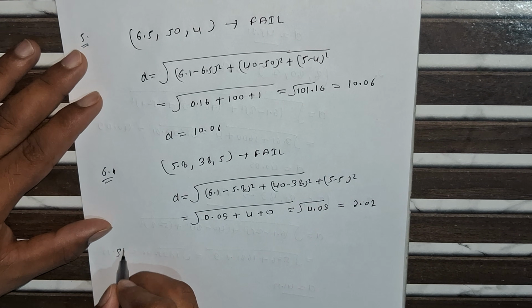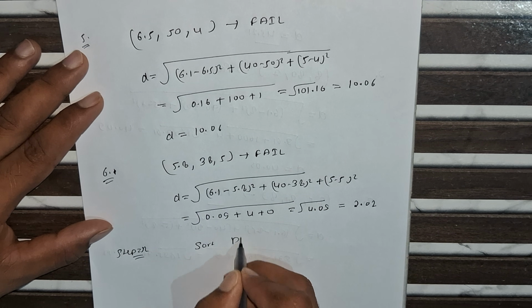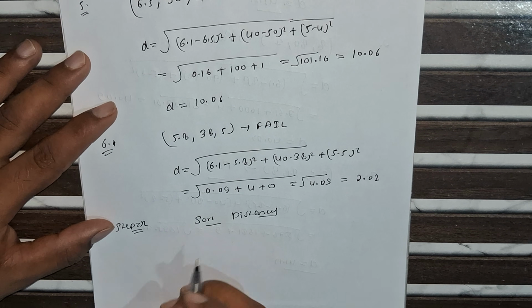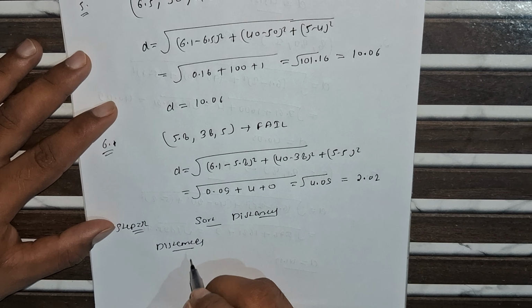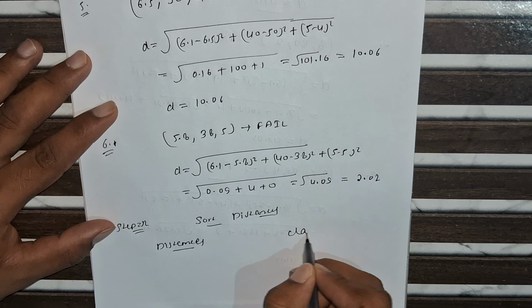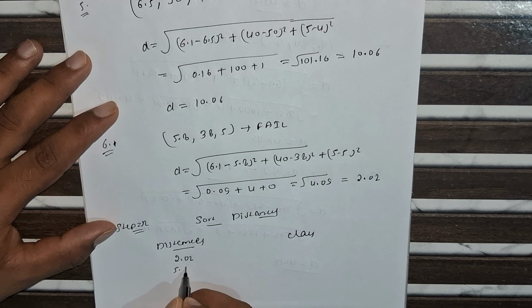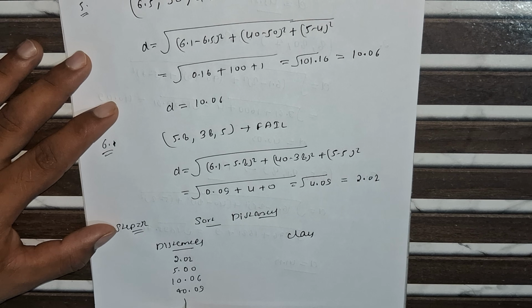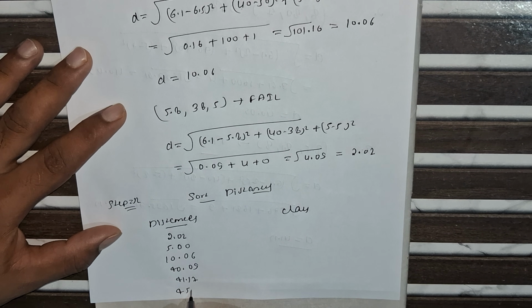So now our step 2 is we have to arrange the short distances along with the result or the class. So these are the distances which we have calculated, and this is our class. So our distances are 2.02, 5.00, 10.06, 40.09, 41.17, and our last one is 45.21.